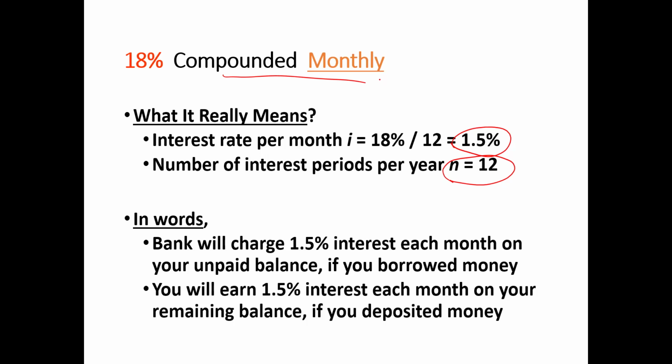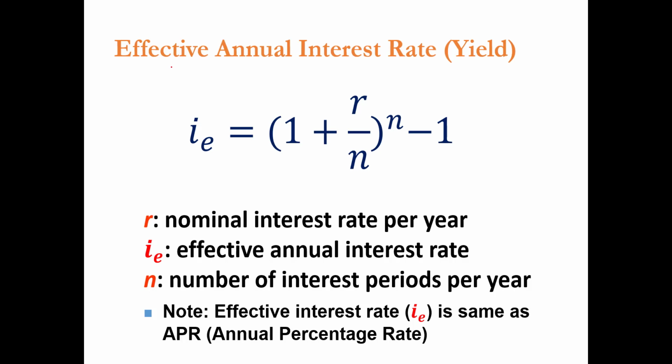Now, in order to get the effective interest rate, or APR, based on this 18% nominal interest rate, we need to use this formula for the effective annual interest rate. I'm using i with the subscript e to represent the effective annual interest rate, which is equal to open parenthesis 1 plus the annual interest rate R, the nominal interest rate per year, over the number of compounding periods per year n, raised to the n power, minus 1.